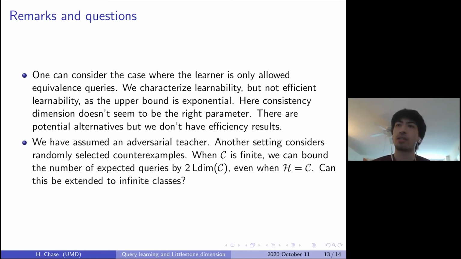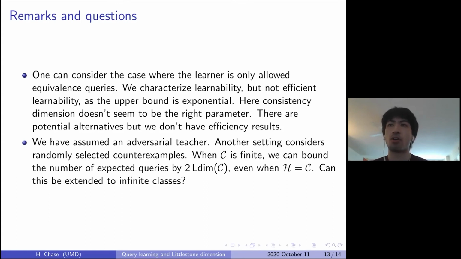And consistency dimension for one reason or another doesn't seem to be the right parameter. As far as potential alternatives, this strong consistency dimension does seem to be a reasonable alternative, although we don't have results yet. We don't have the sort of efficiency results that I would like to have.